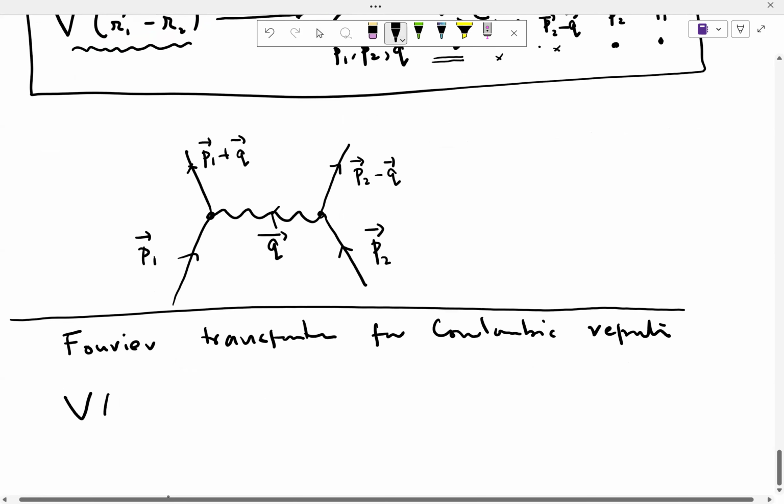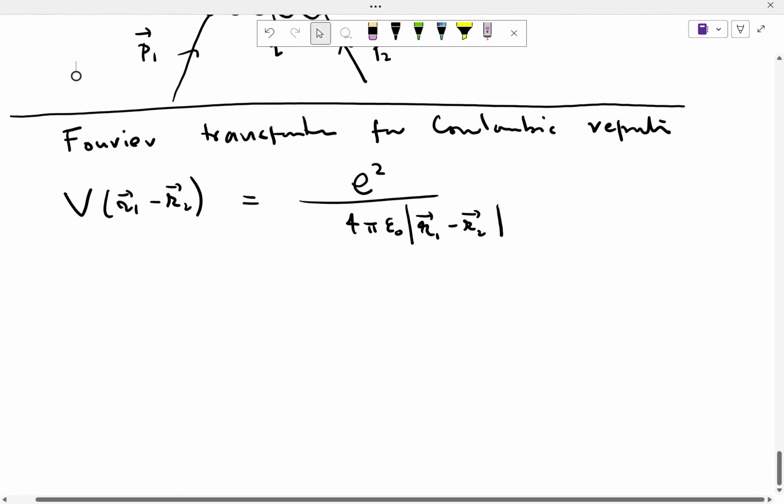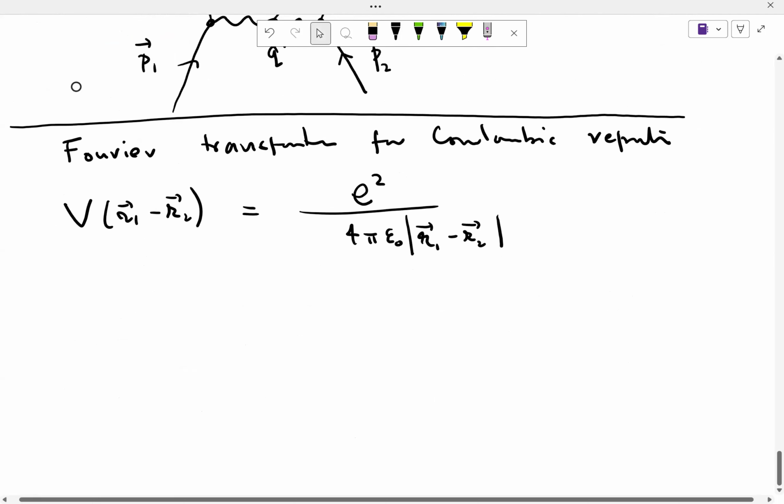Our Coulombic repulsion V(r1 minus r2) is of course given by e squared over 4 pi epsilon naught |r1 minus r2|. So this is between two electrons. So we really need to sum this up over all the electrons of the system. So how do we do that?